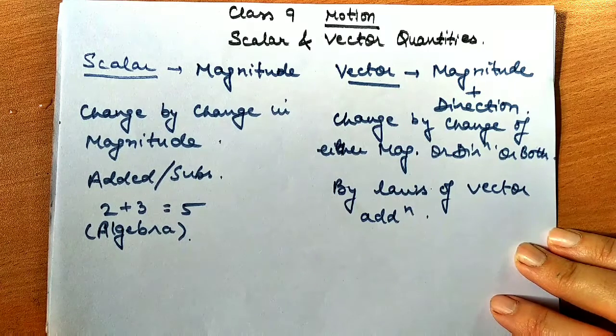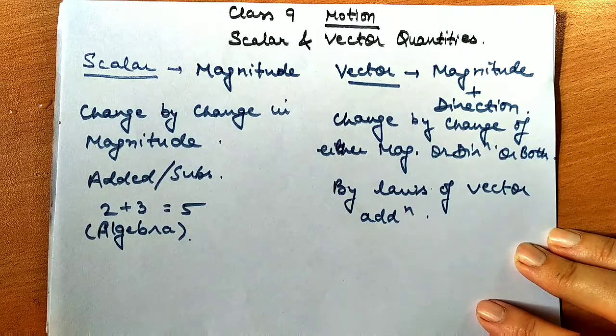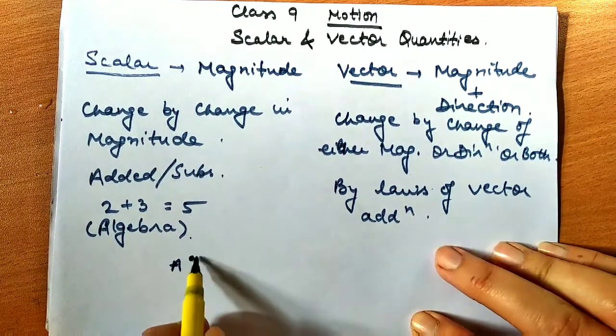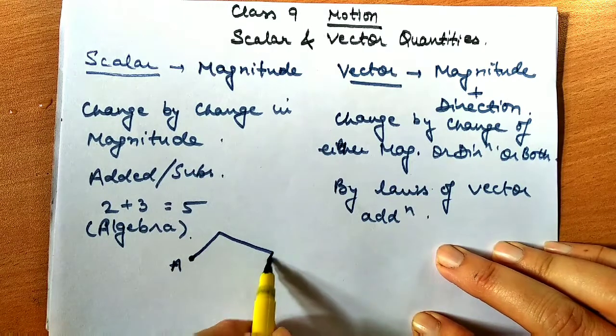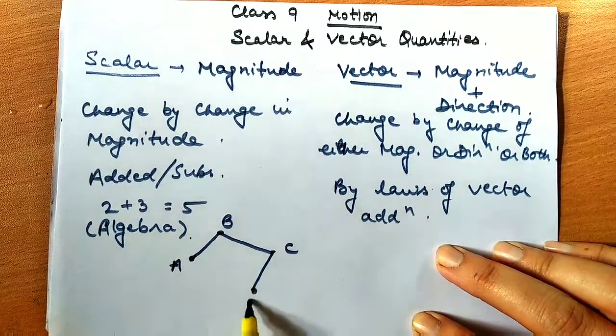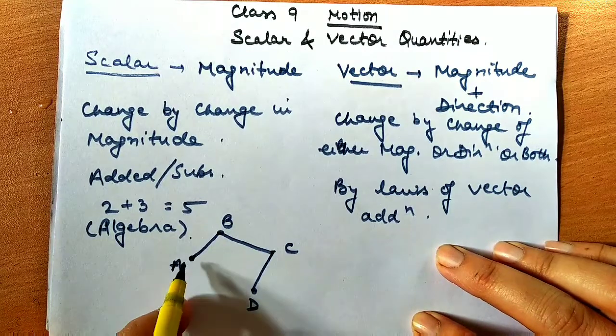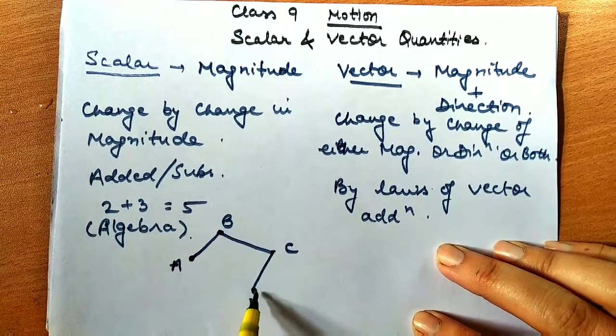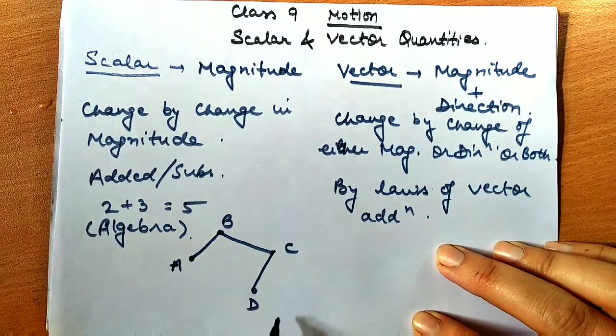Let us discuss an example. Say I'm having distance and displacement. So I say distance is a scalar quantity and displacement is a vector quantity. What is distance? Suppose you start from a point A and move in different ways and reach point D. The distance traveled is moving from A to B, B to C and C to D. So distance is the sum of all these.